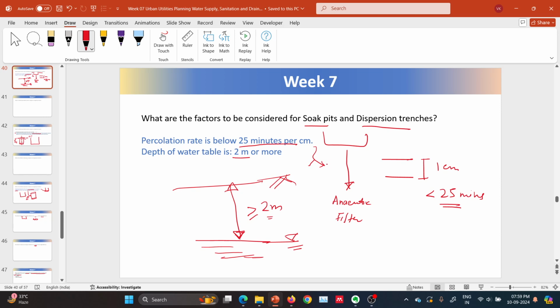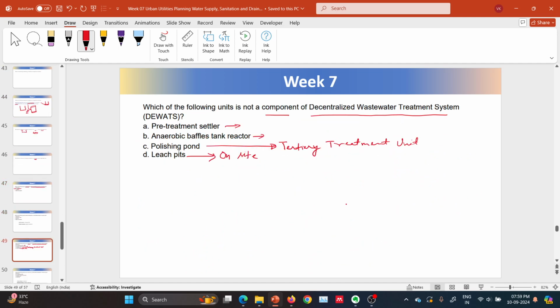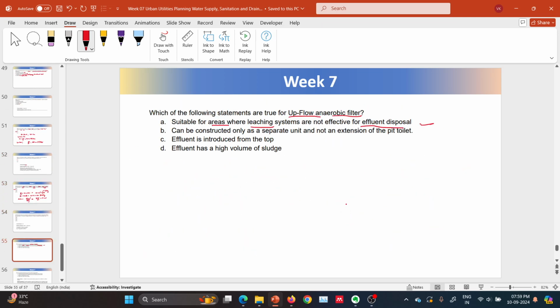If not satisfied, then we can go for anaerobic filter. So it is suitable for areas where leaching systems are not effective for the effluent disposal. So correct, we will go for this.